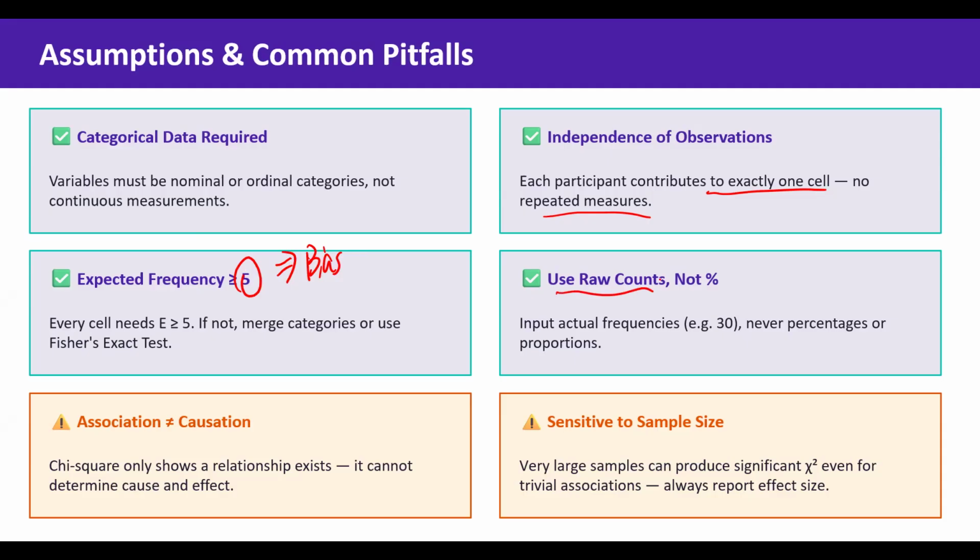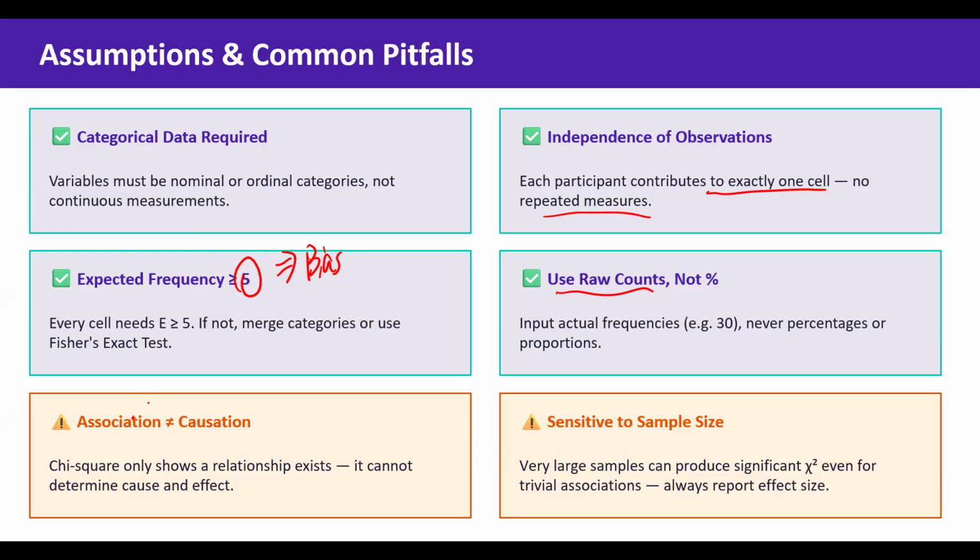Also use raw counts, not percentages. Input the exact frequency. We don't usually use percentage or proportion because of rounding. The rounding may lose accuracy, but exact counting frequencies is better.